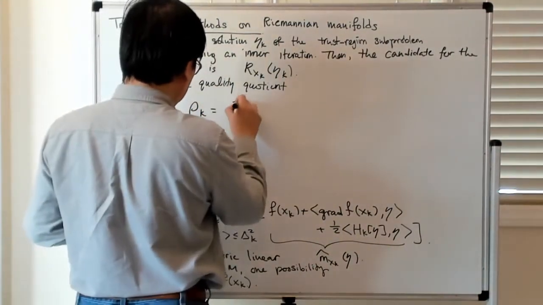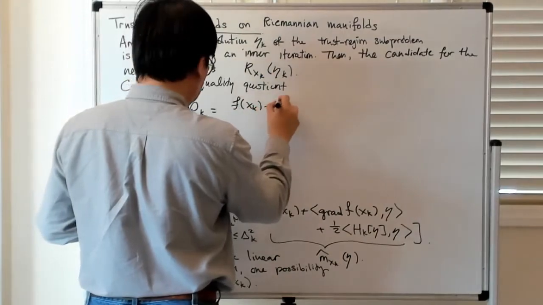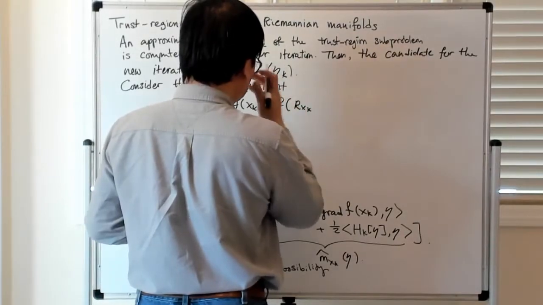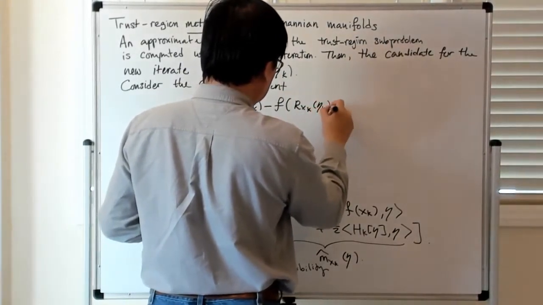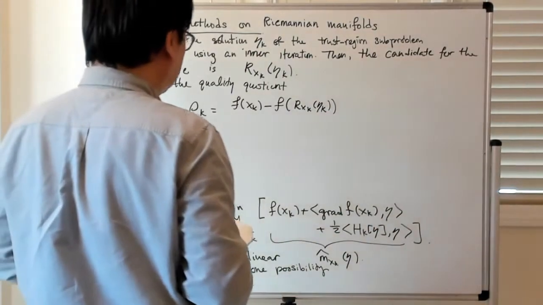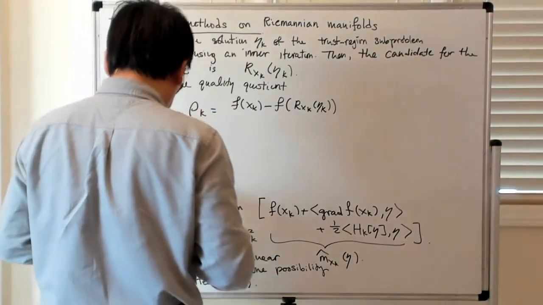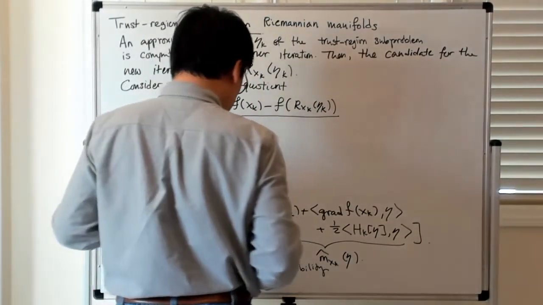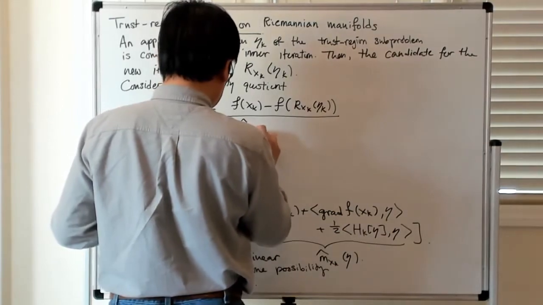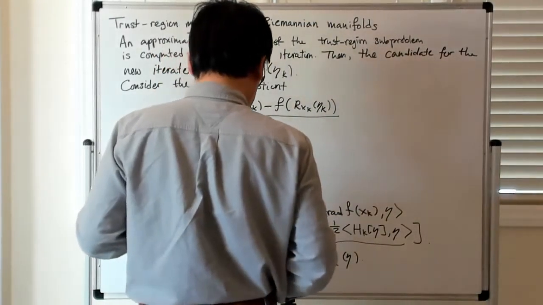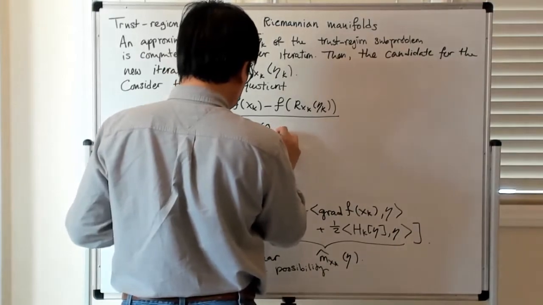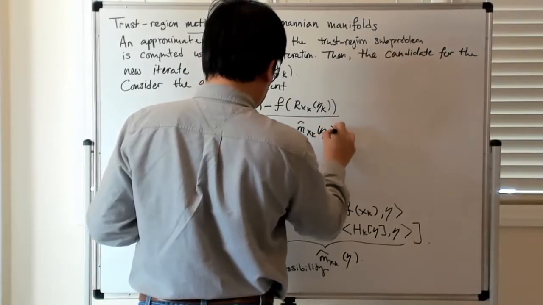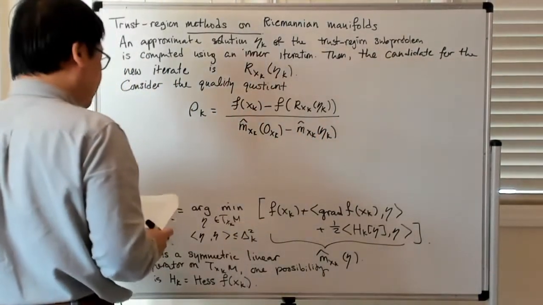This is going to be f at xk minus f evaluated at the candidate point, which is R xk eta k, divided by the prediction, which is m hat xk at 0 minus m hat xk at the arg minimizer of this.